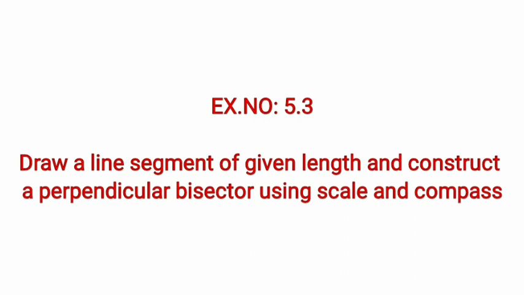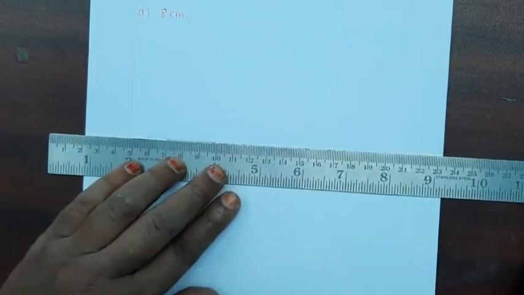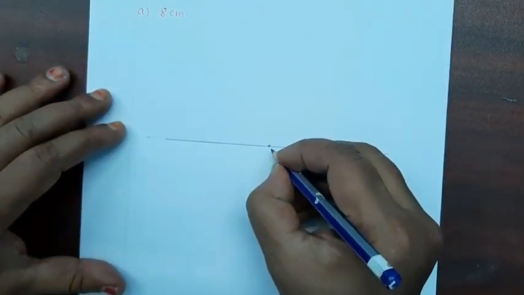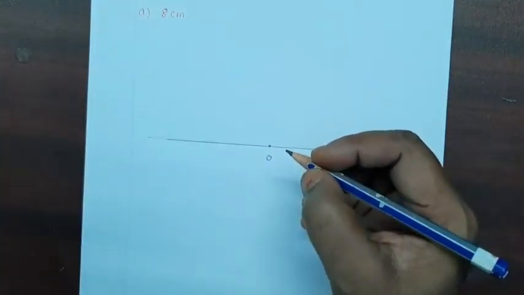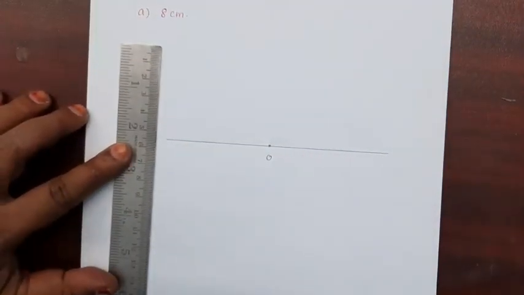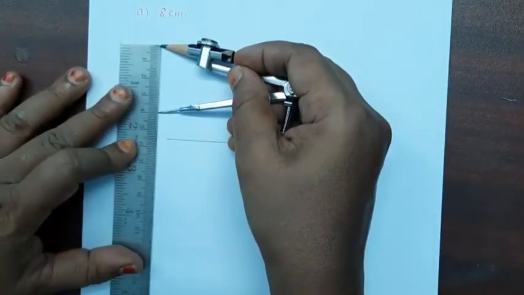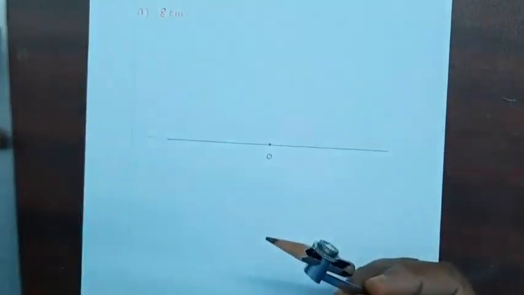At first, we are going to see a diagram in exercise number 5.3. Draw a line segment of given length and construct a perpendicular bisector using scale and compass. By using the scale and pencil, draw a line segment. Mark a point on it and name it as O. Using a compass with a pencil, measure 4 cm.